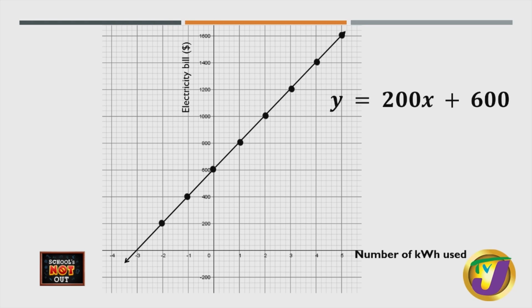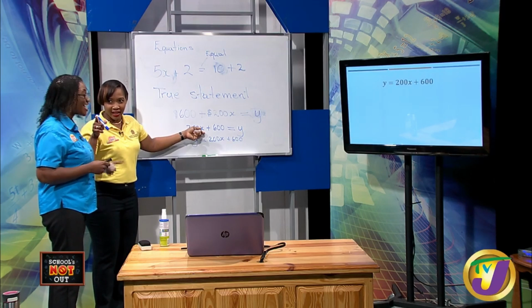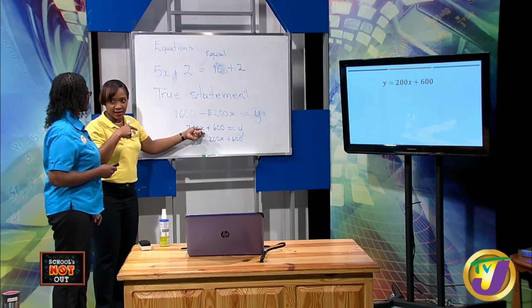So if the number of kilowatt hours used is 10, I'm going to substitute this X with 10.